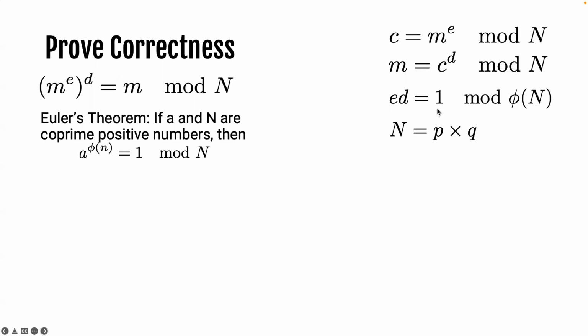So that means ed can be represented as phi n times a multiplier, and then add the remainder, which is 1 in this case. That's why I put a small k over there to represent the value. Is it clear? Does that make sense? Okay.